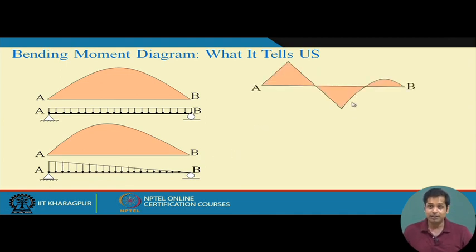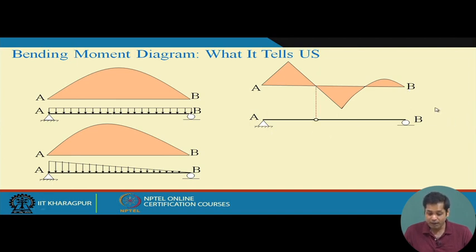Now, this is interesting. Suppose our bending moment diagram is this. What it tells you is the bending moment is 0 here, 0 here, and 0 here. Let us see what it would be. Suppose it is known that point A and point B are supported. Since at point A and at point B there is no bending moment, it will be a hinge support.